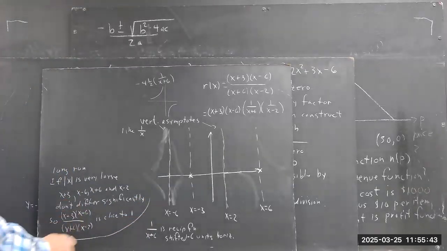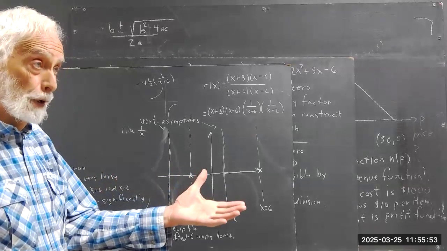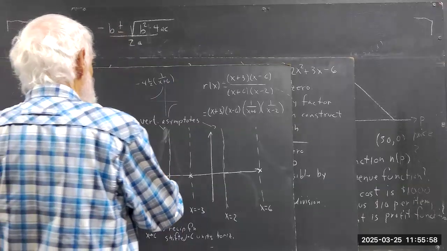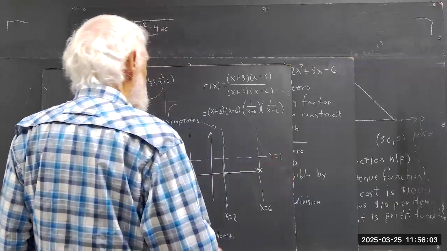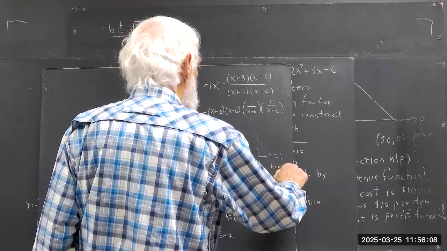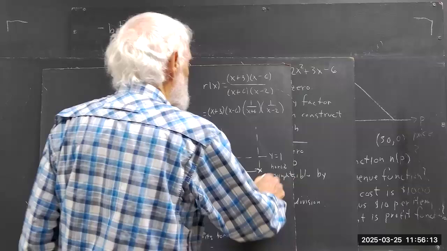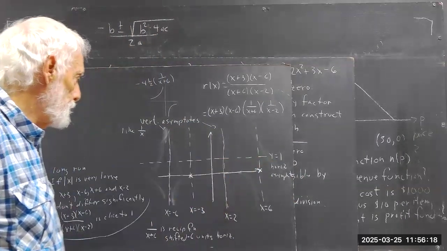So the numerator and the denominator don't differ significantly. So when you divide these, it's going to be close to 1. Okay? So we get something here that you don't see with polynomials. In this case, y equals 1 is a horizontal asymptote. I didn't spell it all out, but it's a horizontal asymptote.